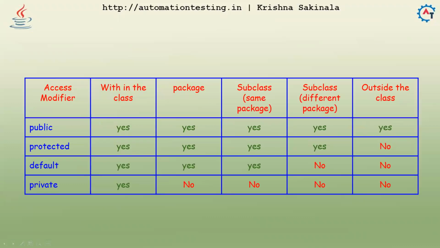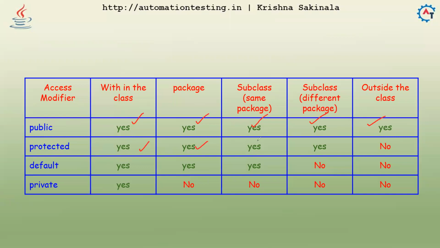If you talk about it in a diagrammatic way, for the public access modifier, within the class you can use it, within the package you can use it, subclass in the same package you can use it, subclass in a different package you can use it, outside the class you can use it. There is no restriction. Coming to protected, within the class you can use it, within the package you can use it.